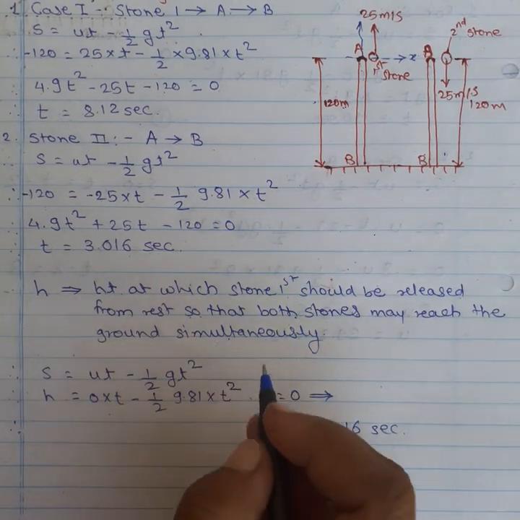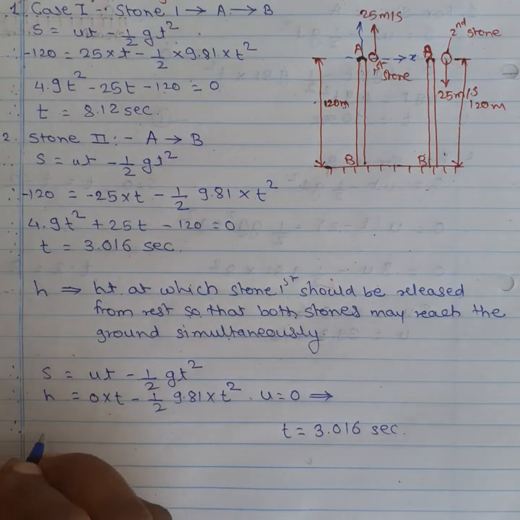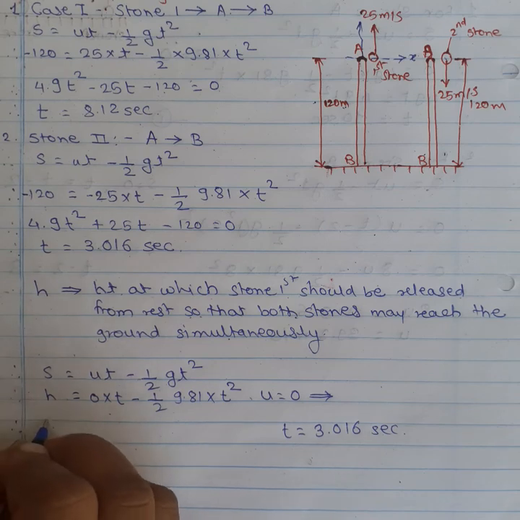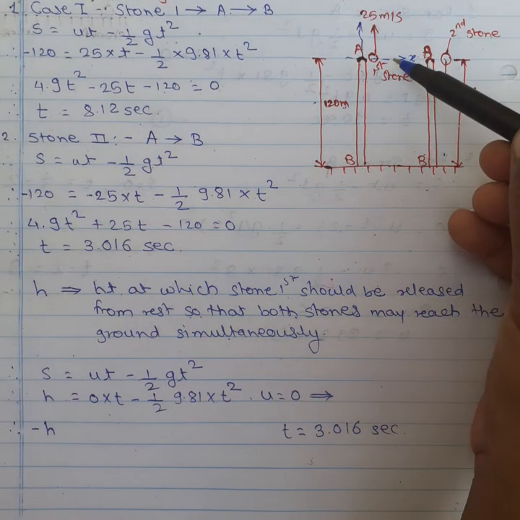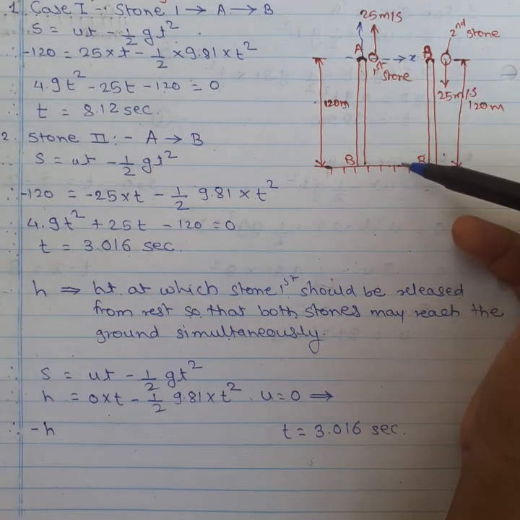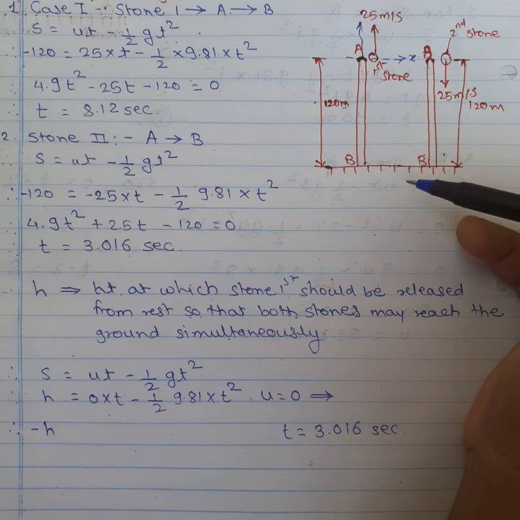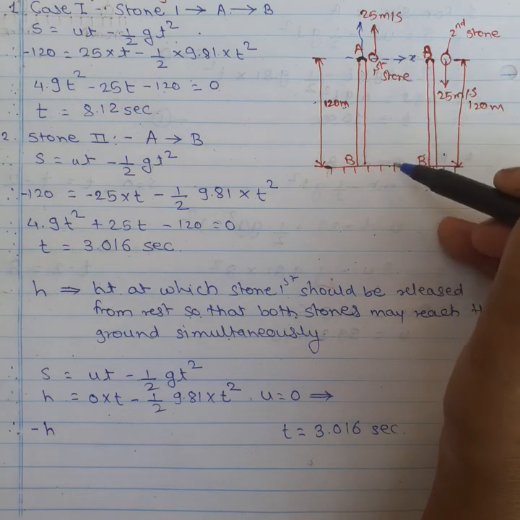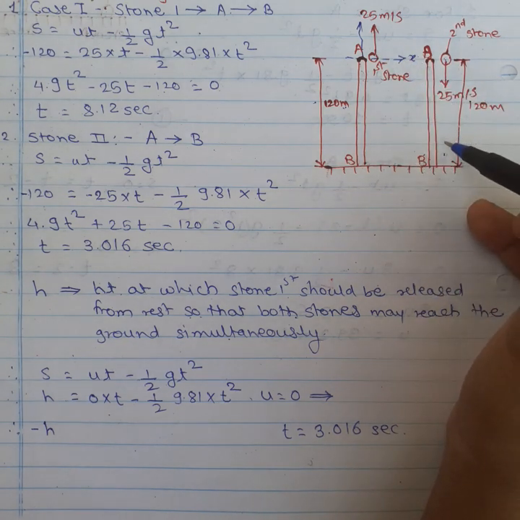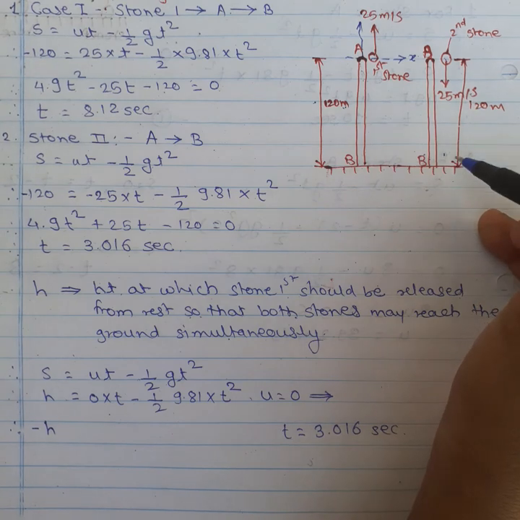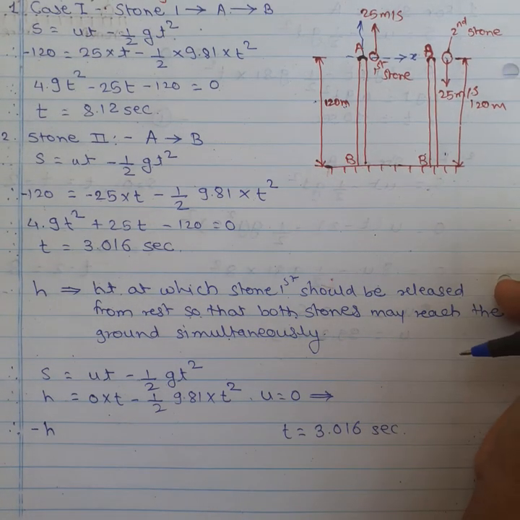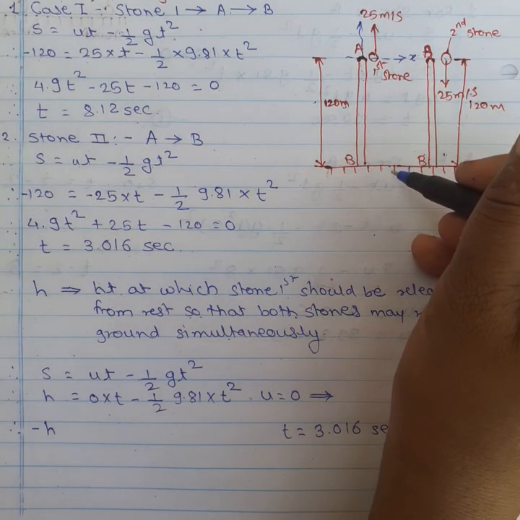Now put all the values. Here h is negative, because from the origin the displacement in the downward direction is negative.